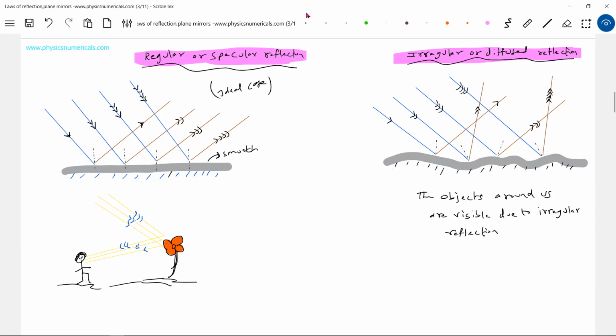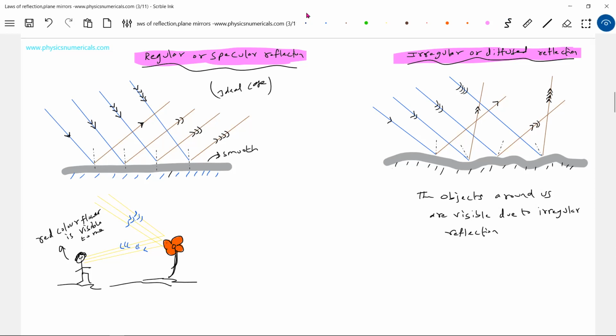This person says the red color flower is visible to me. Any reason for that?